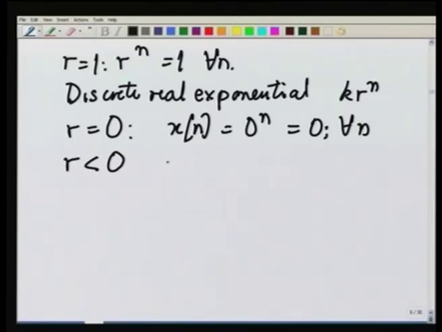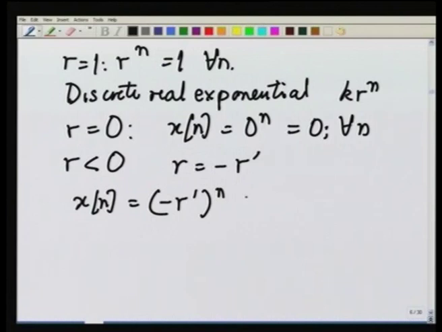If r is less than 0, we can write it as, say, r equals minus r prime, and therefore express x n as minus r prime to the power n, which can be rewritten as minus 1 to the n, r prime to the n, where r prime now is greater than 0.